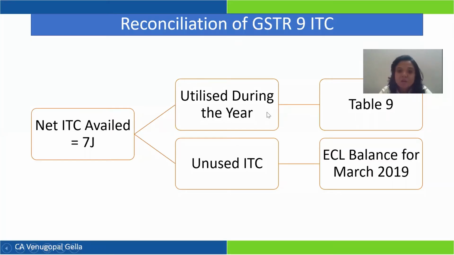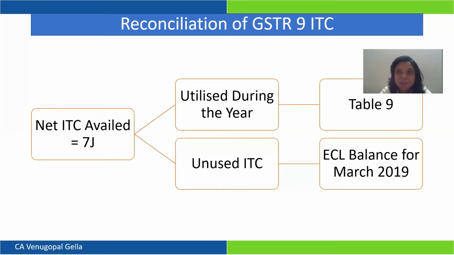Similarly, all the reversals would be reported in table 7. And ultimately, table 7J would be the net input tax credit availed during the year. So all the credits utilized during the year would be coming in table 9, and unused credit would be coming as a balance in electronic credit ledger for March 2019.